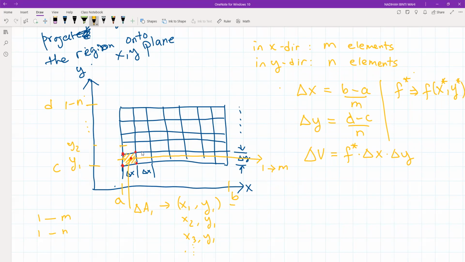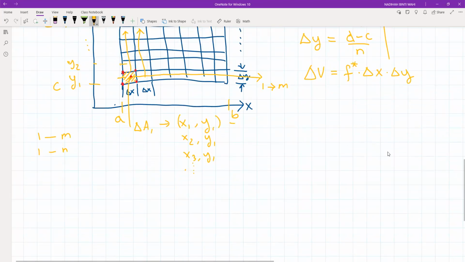So I need to sweep. You sweep first in x direction, start from 1, and then you go up, adding in y direction, and then after finishing in y direction, go back to x direction and then go up. So you add everything up.